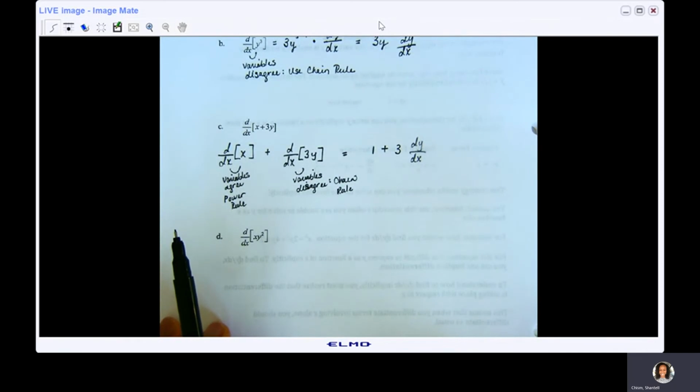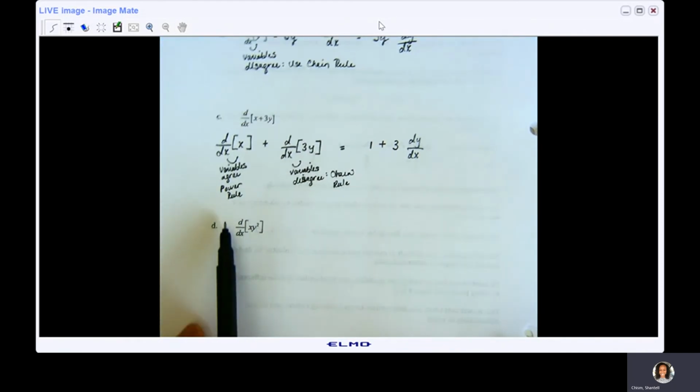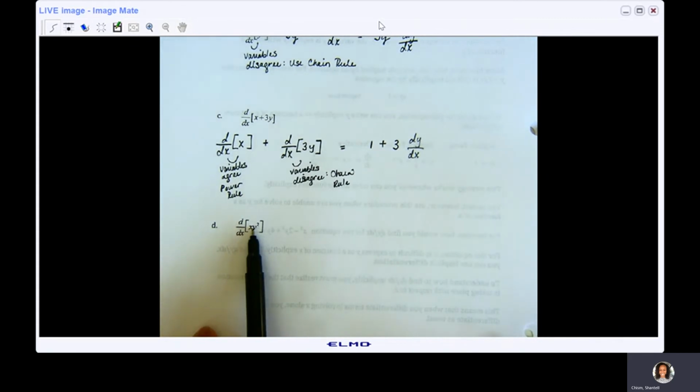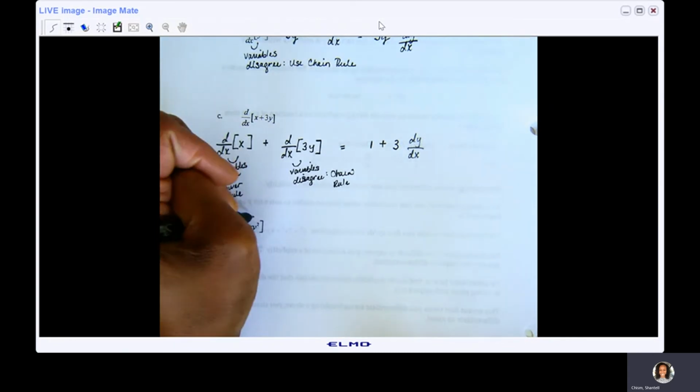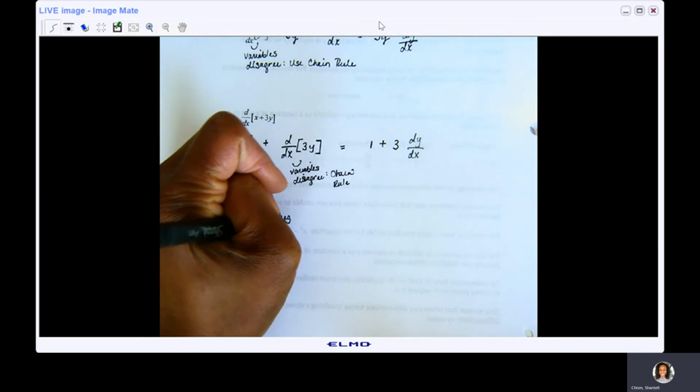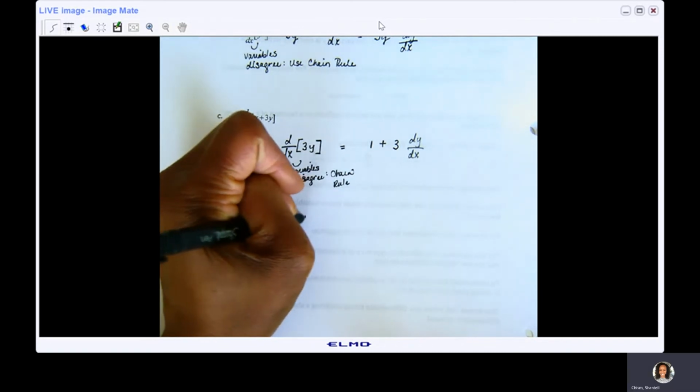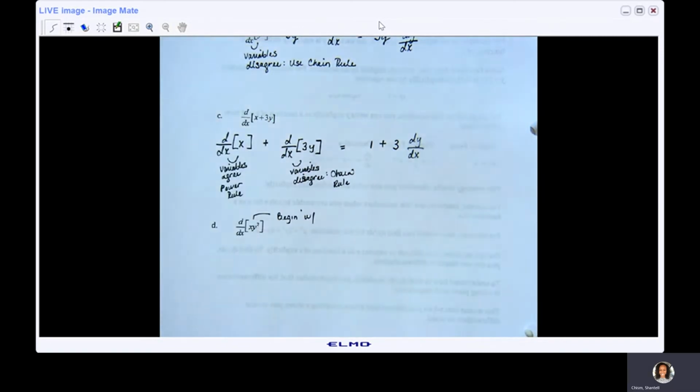All right. Now here, we have a product. So we're not only going to use the product rule, but we're going to use the chain rule within it when we get ready to take that derivative of y. So we're going to start off with the product rule. Oh, and also, you may have to use the product rule occasionally in 3.4.